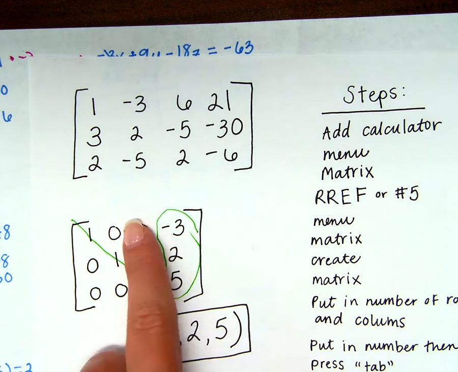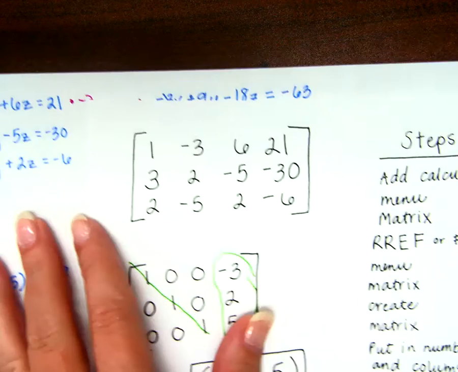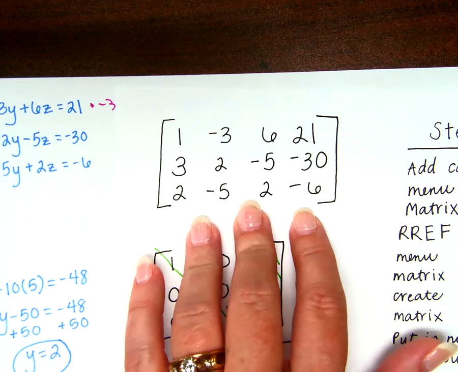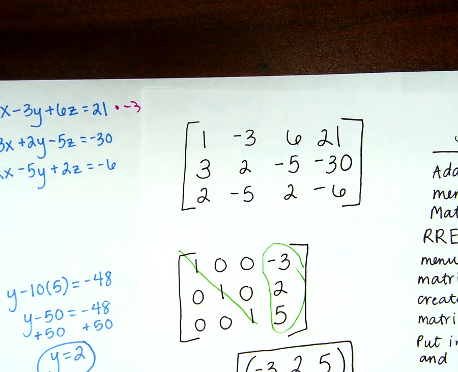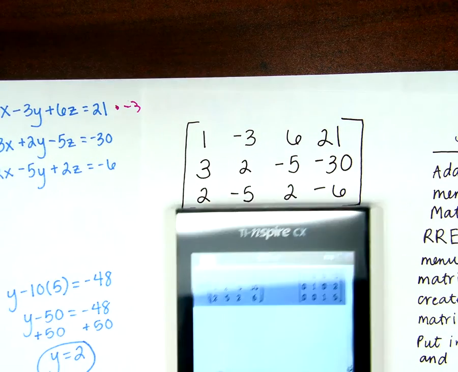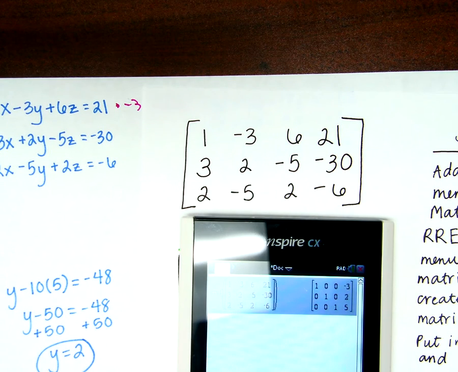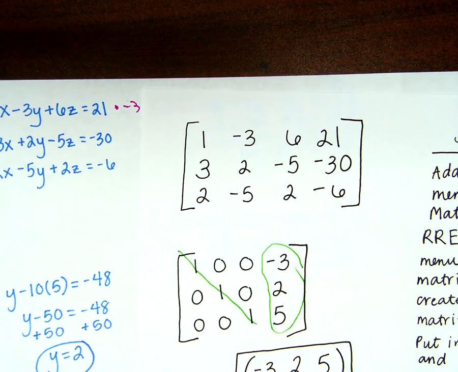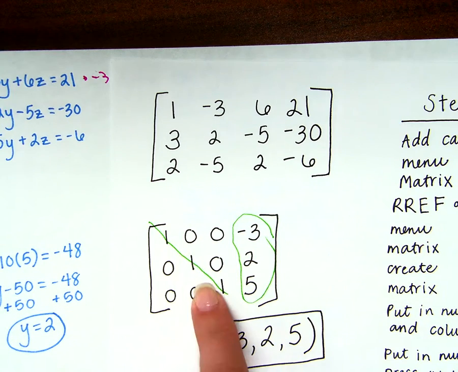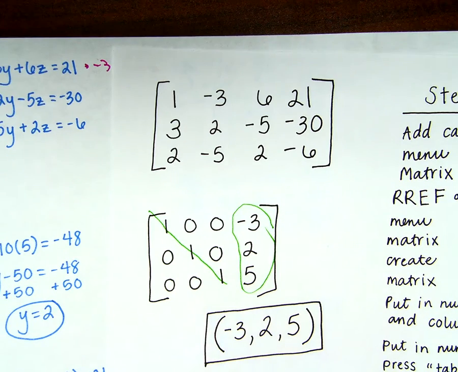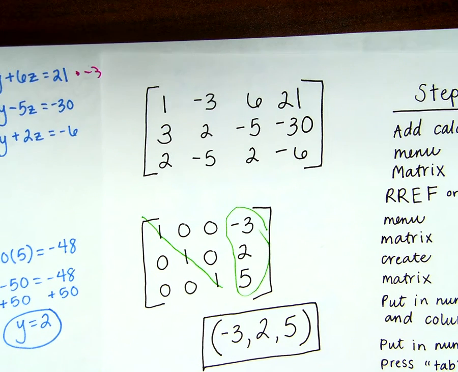So hopefully that's not going to happen to you, because hopefully you've already checked, first of all, did I write down my problem matrix correctly? And then if I wrote it down correctly, did I enter it in the calculator correctly? Hopefully you do that as you go along. And then if you do get fractions, look at your diagonal. Is it a diagonal of ones, or is one of these a 0 and you know something's wrong? Does that make sense?